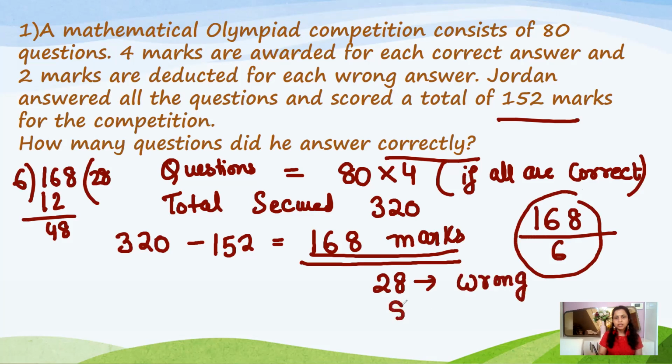And how many are correct? 80 minus 28 gives you 52, and that is our answer. So how many questions did he answer correctly? 52.